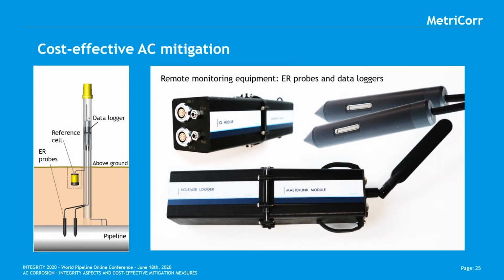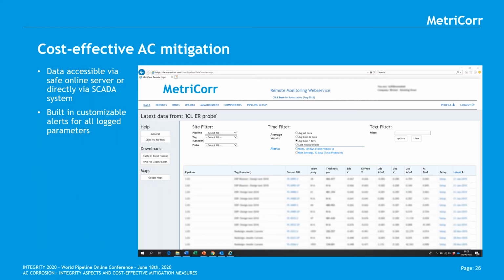And this is the MetriCorr, this is our proposal for cost-effective AC mitigation. The system comprises data loggers and ER probes. The data logger is dimensioned to fit inside standard CP test posts. Data is transferred to an online environment where you can access data or have data transferred directly to a SCADA system.